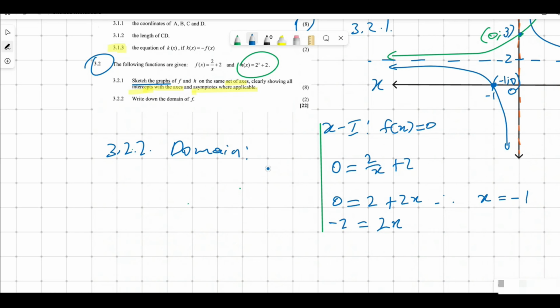I have indicated in your notes that the domain of a hyperbola in grade 10 is x is not equal to 0. Yes, in grade 10. This is 2 marks for free. Check there in your notes, the domain of a hyperbola. x is not equal to 0.